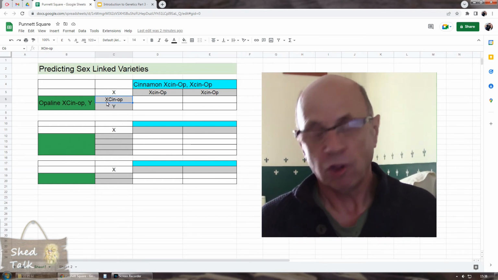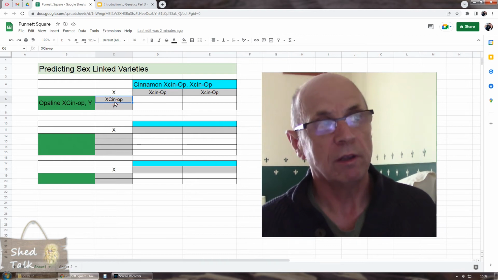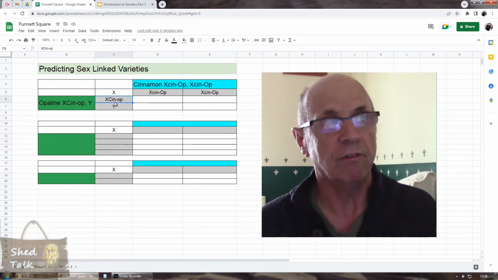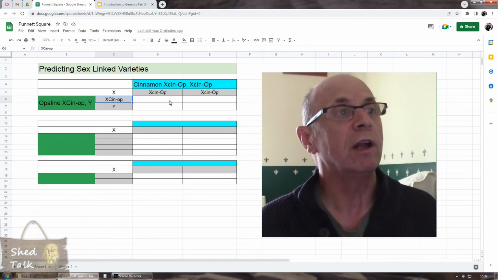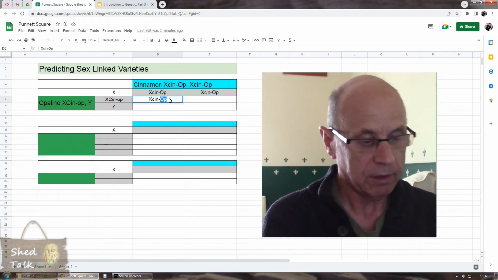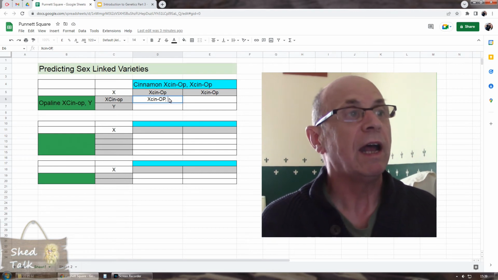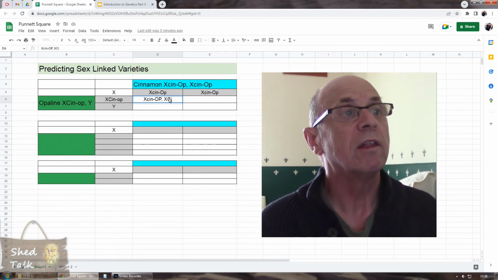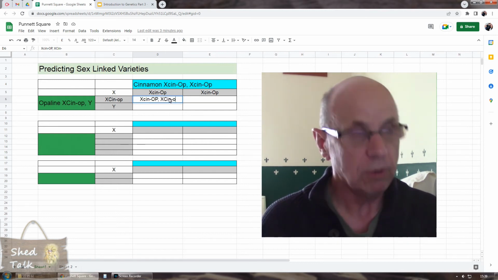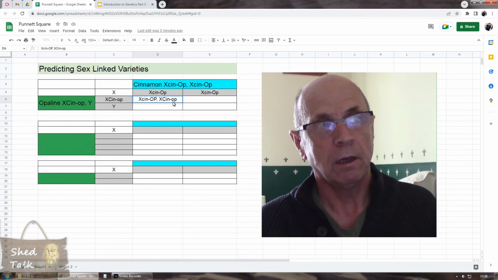Now we bring this down together and compare it with these two across together. So in this first square we will have the X cinnamon dash non-mutated opaline and an X cinnamon dash mutated opaline chromosome.